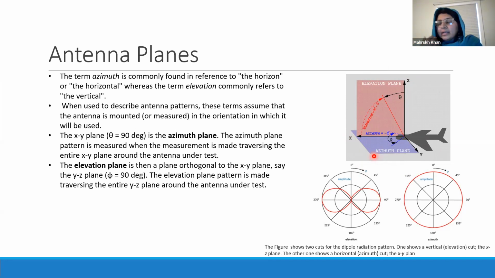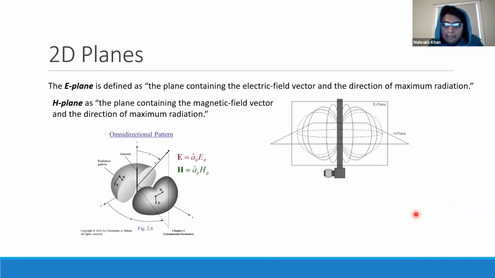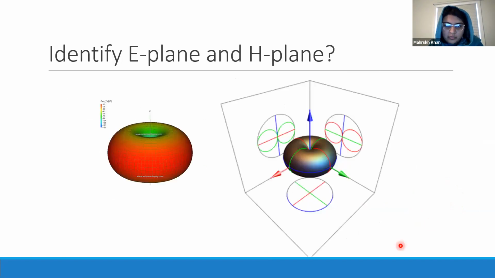Okay, and another thing is if you try to visualize your antenna like that, I'll just show you this. I think we did it many times before, but this is my 3D pattern, right? And if I just cut the horizontal, it will appear like this, right? If I just did a horizontal cut, like here in this plane, it will be the horizontal plane.